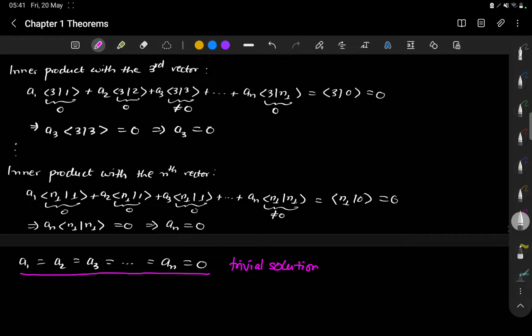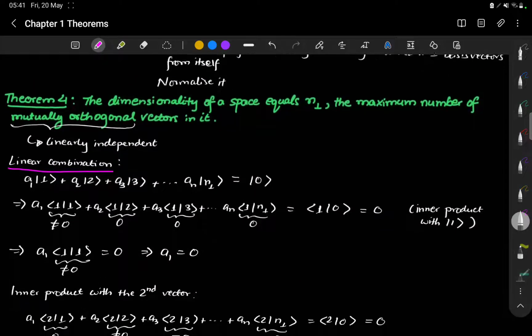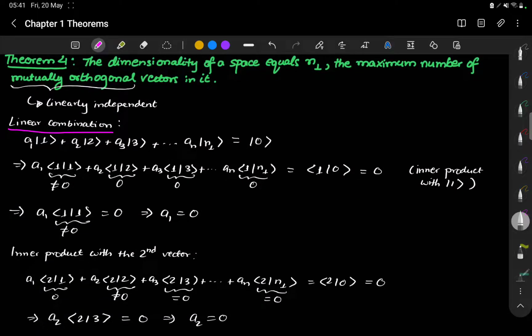Now we can see that this n perpendicular, the number of mutually orthogonal vectors or linearly independent vectors, may be either equal to, greater than, or lesser than the dimensionality of the space. But how do we rule out the other cases?